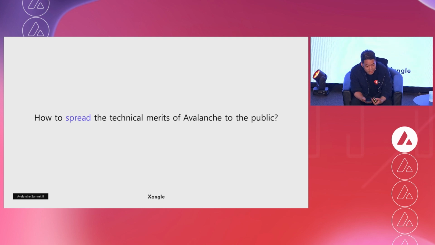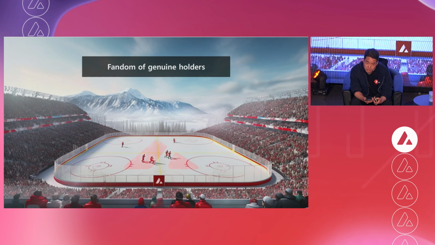I would like to discuss how we can spread the genuine merits of Avalanche to the public. In order for Avalanche to get well known, we need a large number of investors who understand and love Avalanche.